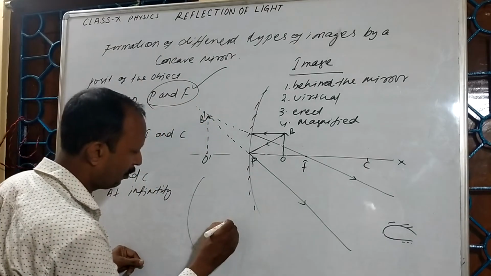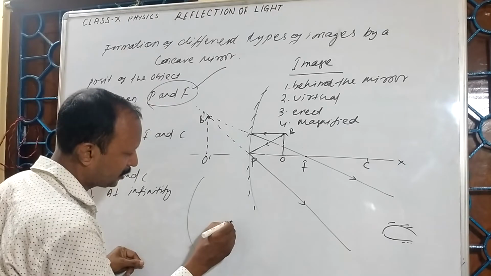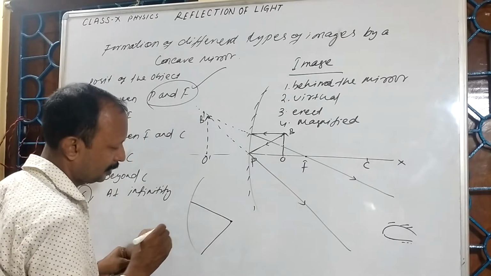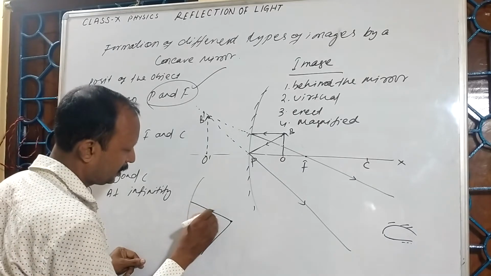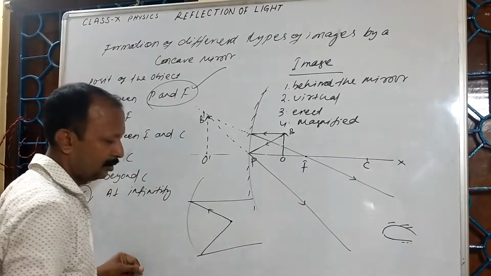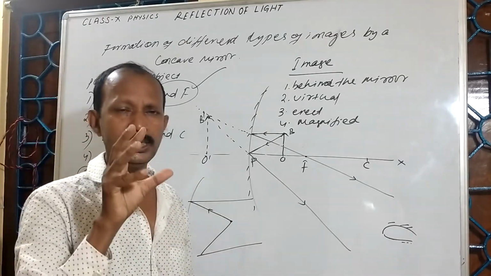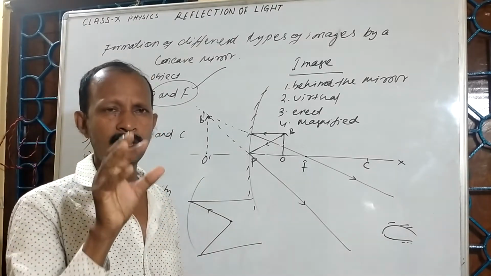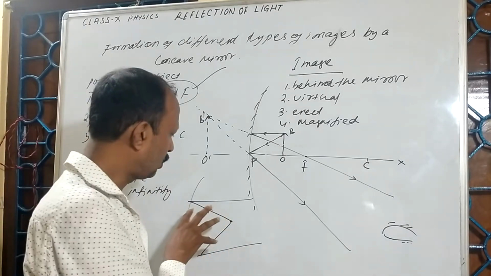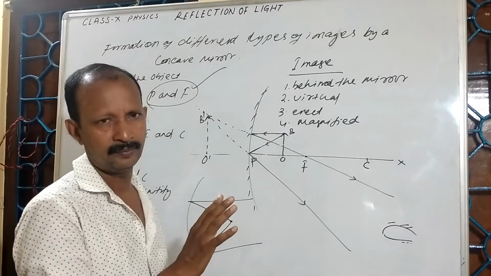Suppose this is the focus. Light rays will come from the focus. It will fall here. After that, I said that those coming through the focus, they will move parallel. So, he can see the position of the teeth properly because all light will focus there.